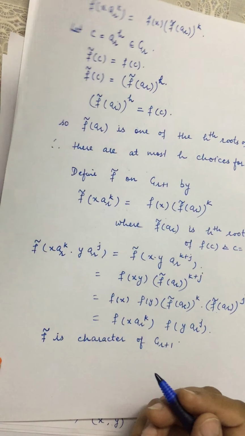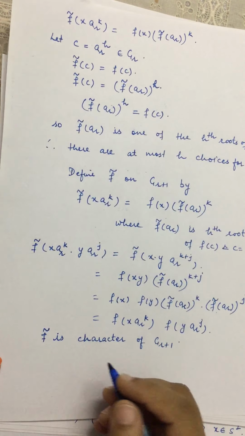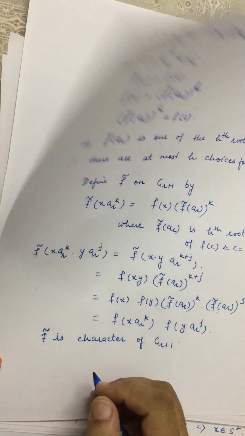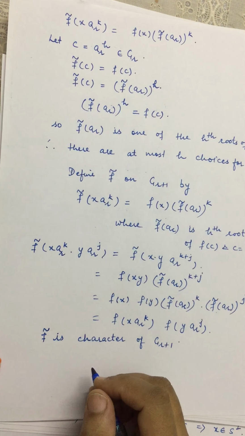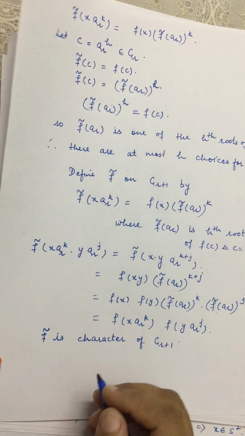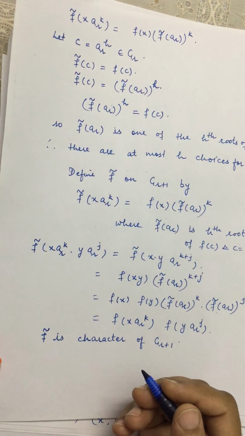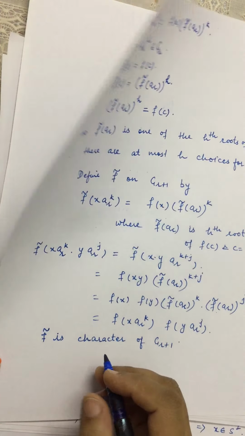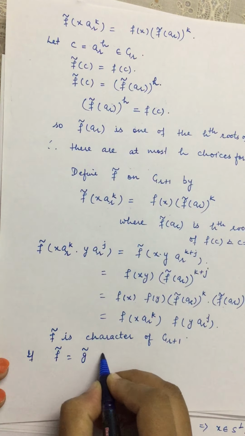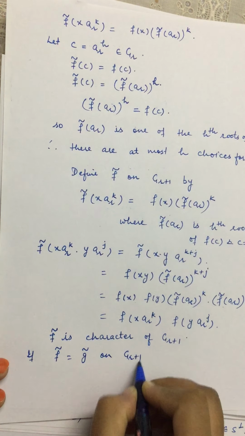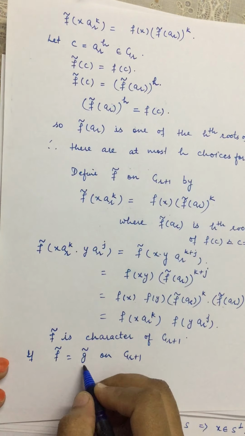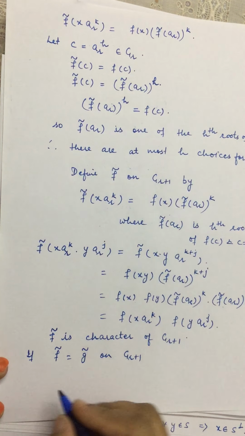Let us assume that two extensions f curl and g curl are identical on GR plus 1, where f curl is an extension of some character f and g curl is an extension of some character g.